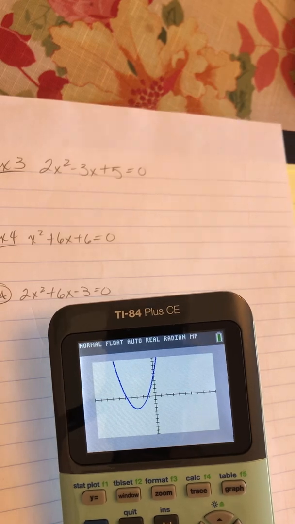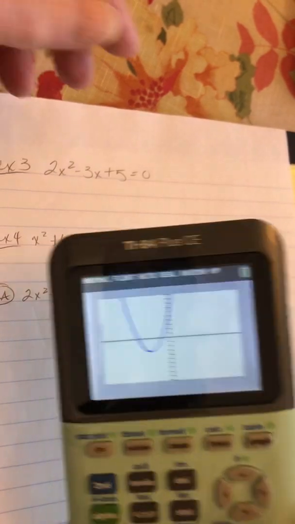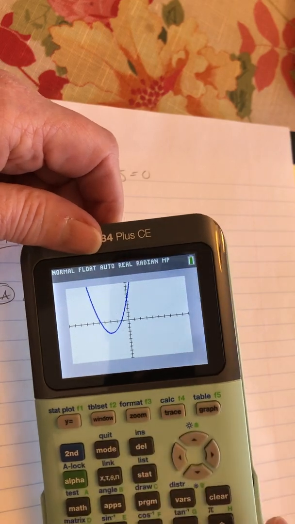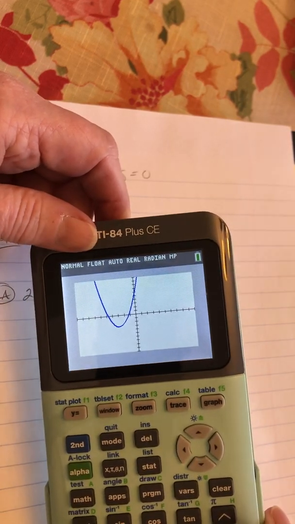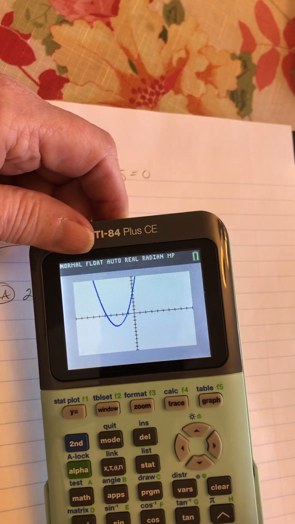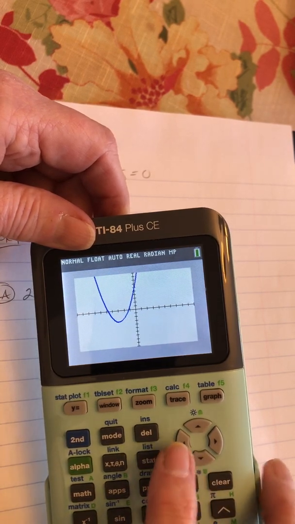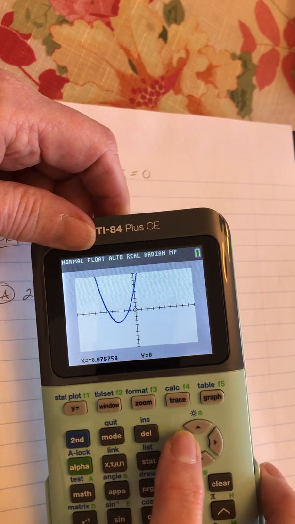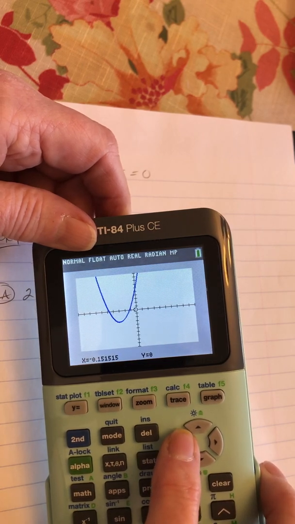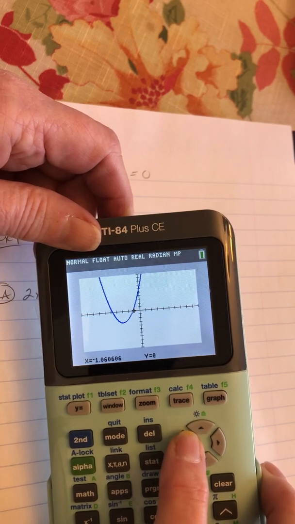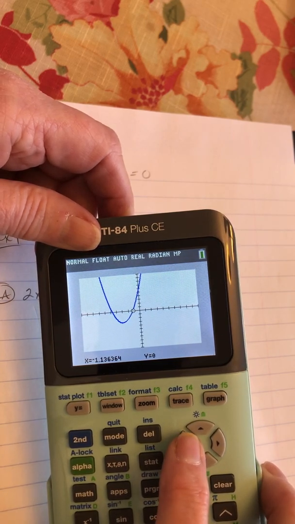Okay, now, the thing that I like about this is now if I wanted to, I could use my calc key and I could find those exact numbers, but it's an estimate. So since it's an estimate, I can just use my arrows. I'm going to use my arrow key and move it until it's on top of my, that looks pretty good.